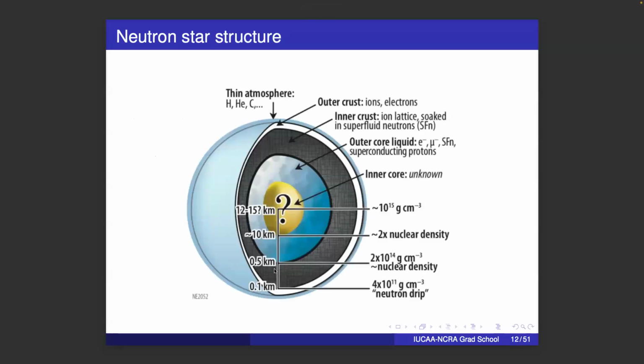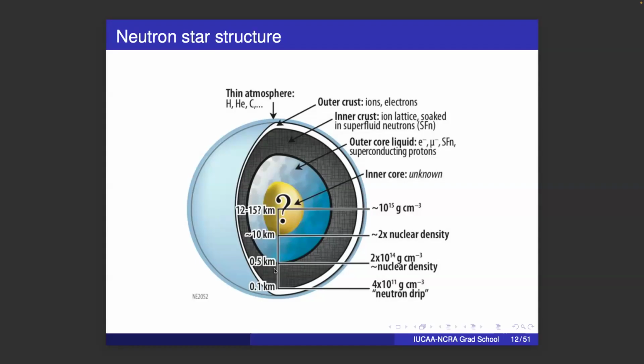So this is a graphical illustration of what I just said. Outer crust, ions and electrons. The inner crust could have an ion lattice with superfluid neutrons. Then there are superconducting protons. The inner core, of course, is unknown.